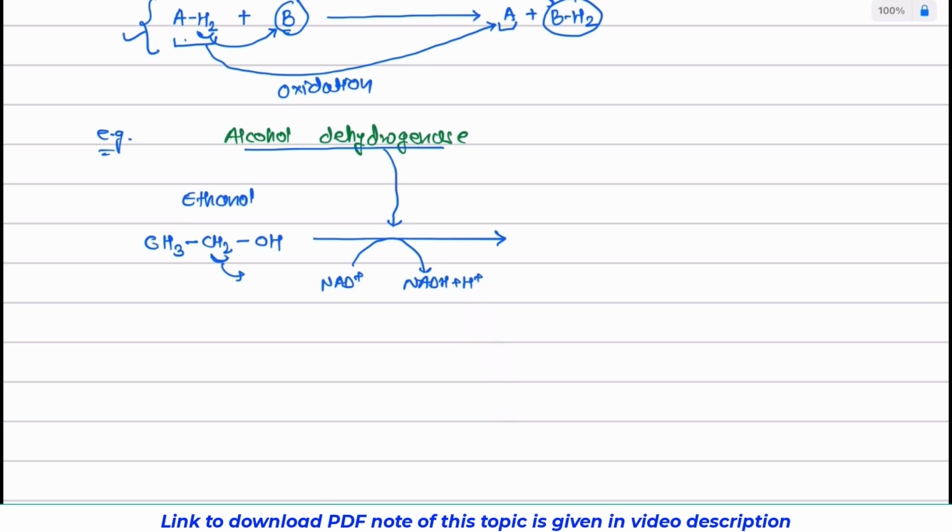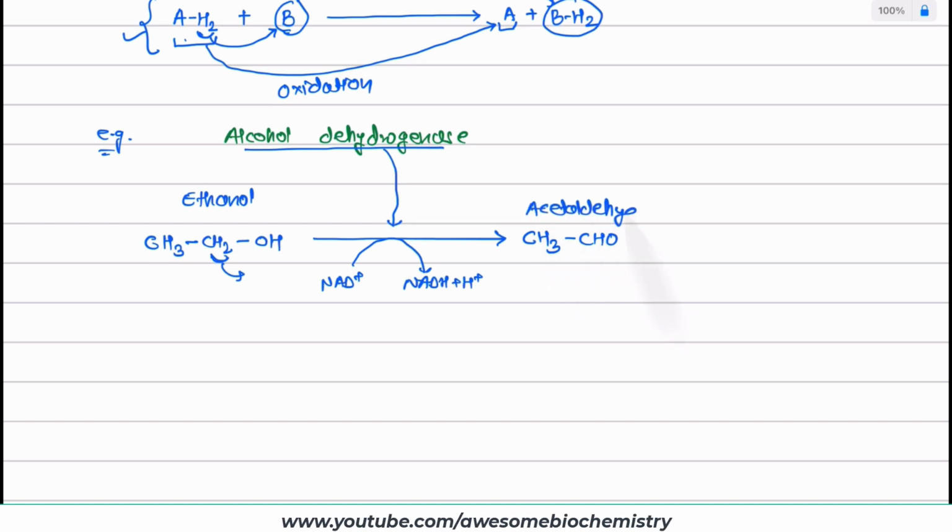The remaining molecule will be CH3, and then a single carbon with its OH group, so we can write it as CHO, and this compound is called acetaldehyde. As you can see, ethanol, by removing its hydrogen, is undergoing oxidation, whereas NAD plus is undergoing reduction.